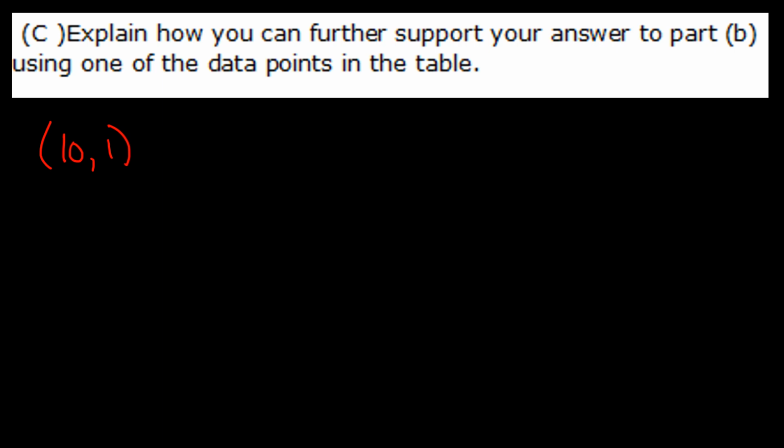Well, we take the equation that we made, which was y equals 0.327 x to the power of 0.490. And we can plug in these points because we know this is x and y. And you could take any point you want, but I took 10 and 1 because I figured that was a nice data point. Okay, nice whole numbers there.